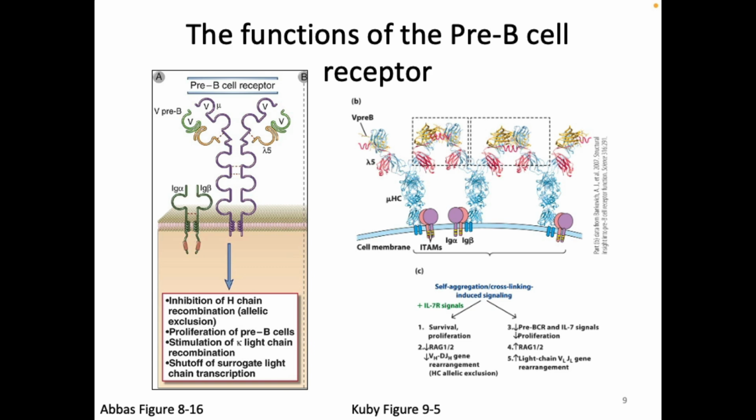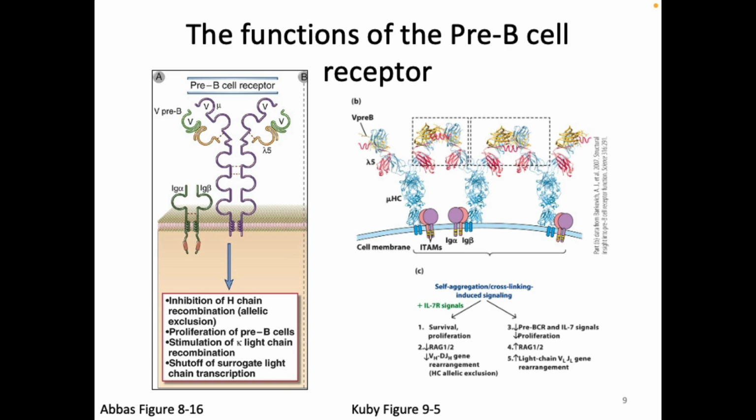Because ideally, now that we have this one really good heavy chain that was made, we'd like to make many copies of that cell so that each of those new progeny could make a different light chain. And we can get lots of combos of light chains to go with this one good heavy chain we made. So if we know you made a good heavy chain, then we want you to make a bunch of copies of yourself so that we can pair that good heavy chain with multiple light chains.